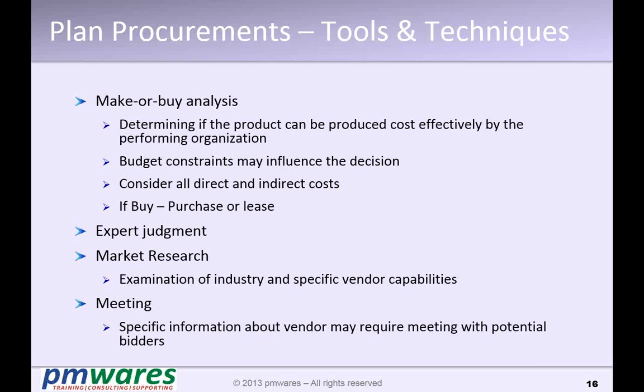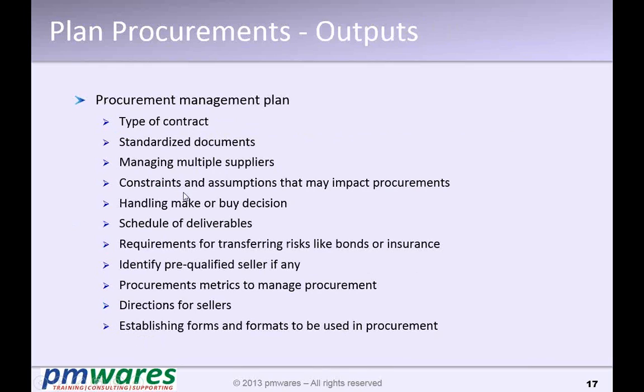With this, you make the make-or-buy decision, and when you decide to buy, it's the procurement which will start. So prepare a procurement management plan which contains all this. Which type of contract will be used for this? What are the standard documents? How are you going to manage multiple suppliers?